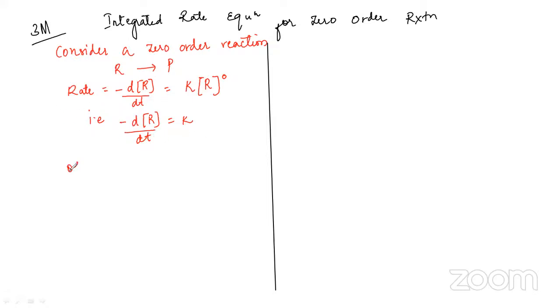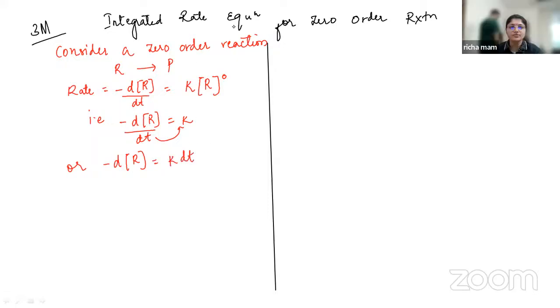Or it can also be written as minus dR equals k dt, shifting dt to this side. Can we do this? Is it clear up to here?